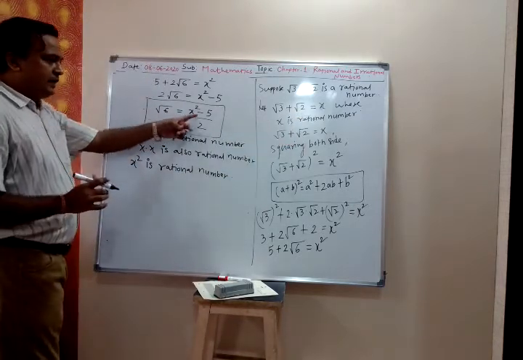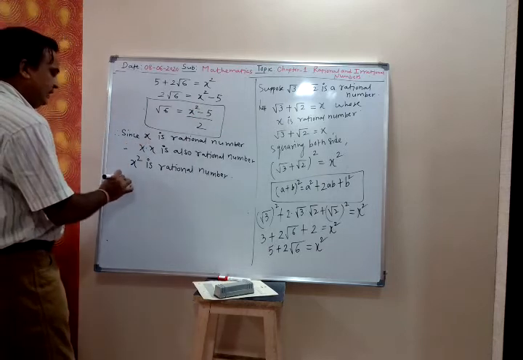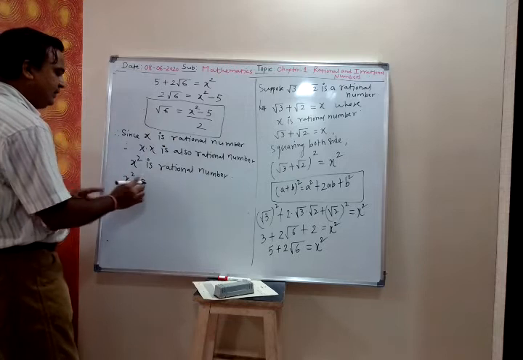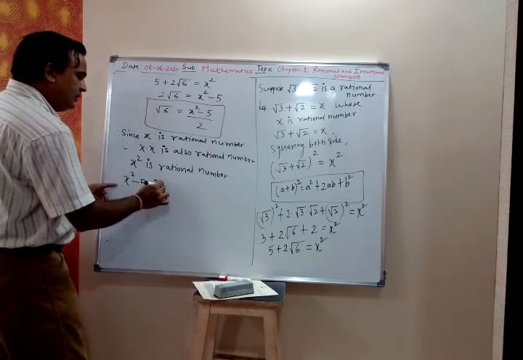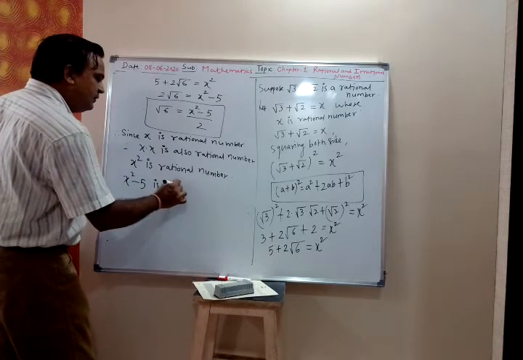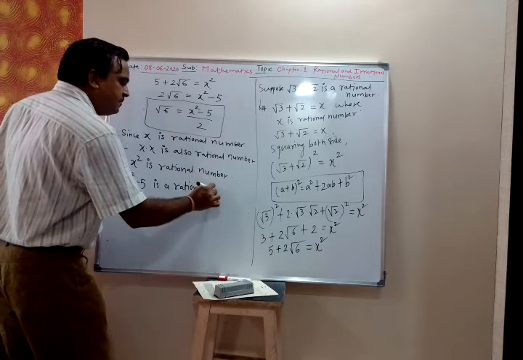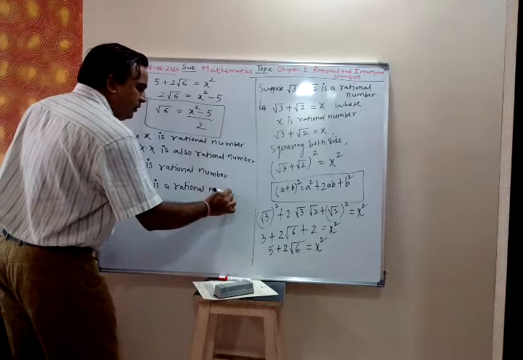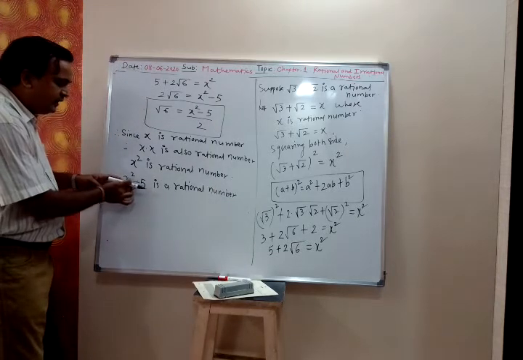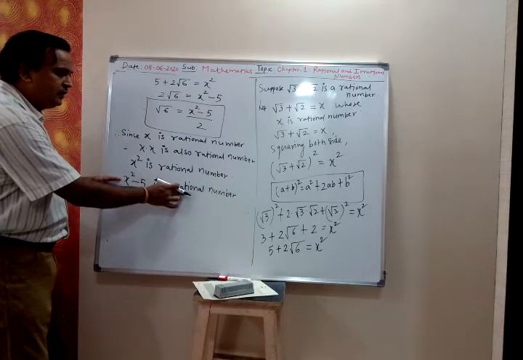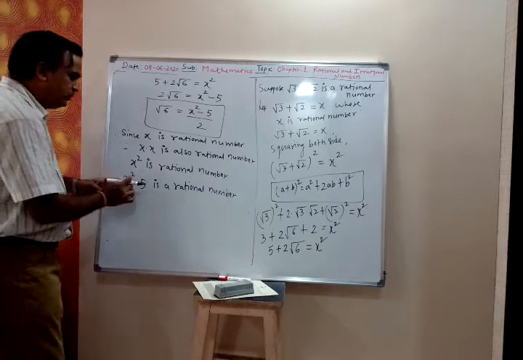Now we subtract 5. x square minus 5 is a rational number, because x square is a rational number and 5 is also a rational number. Now we divide this by 2.